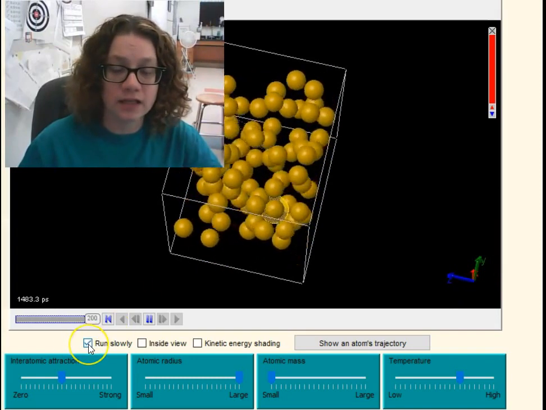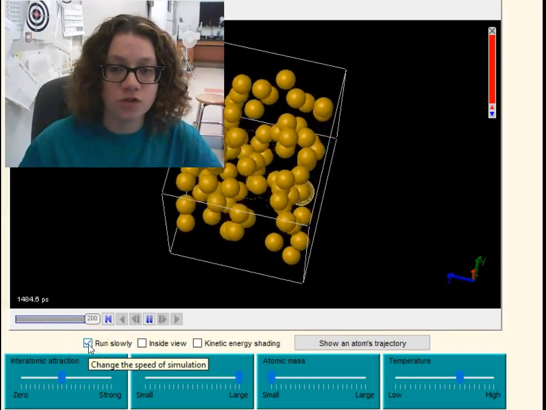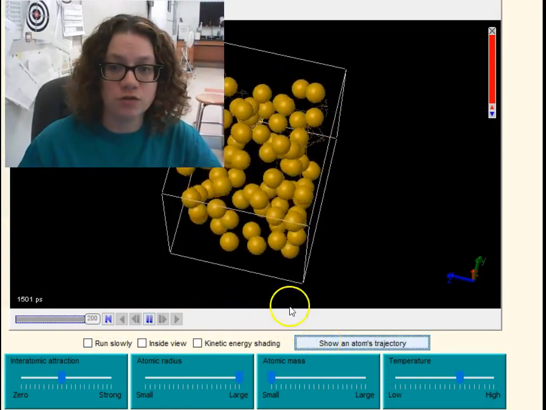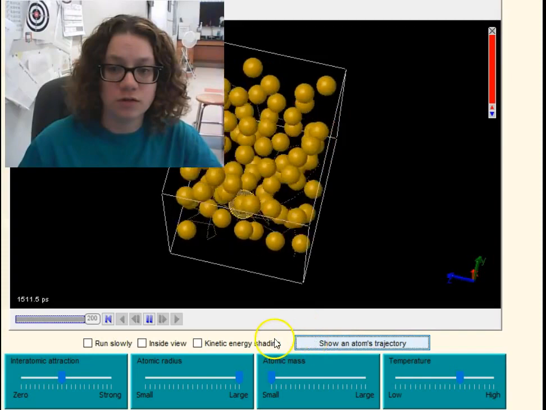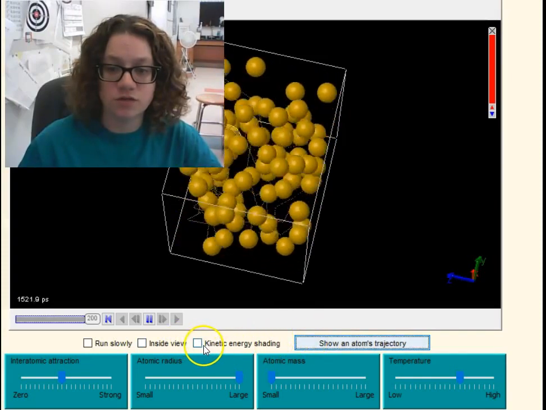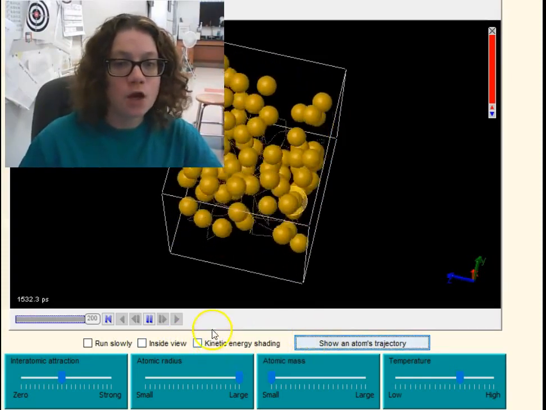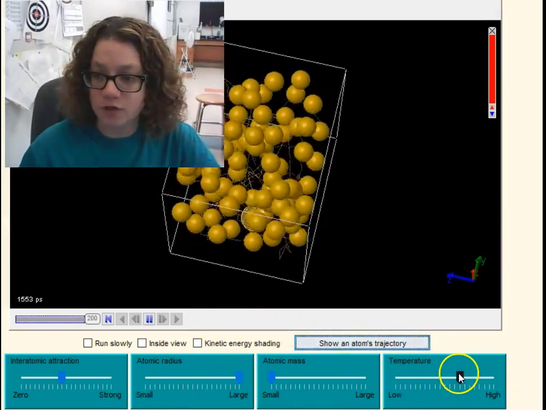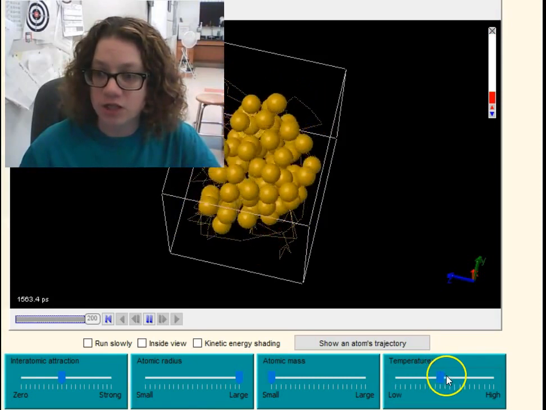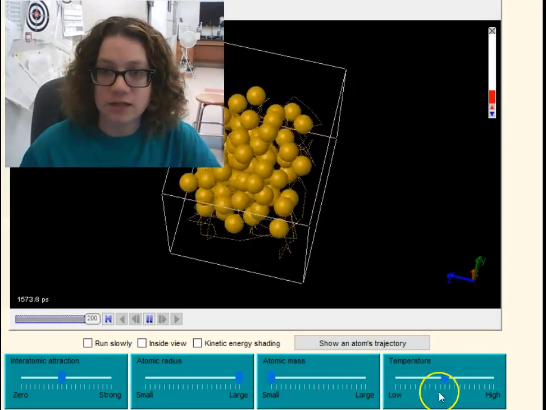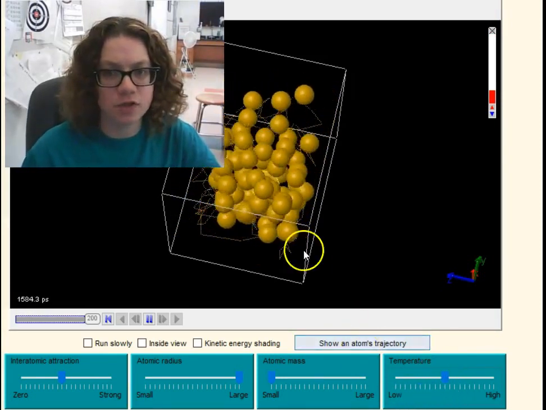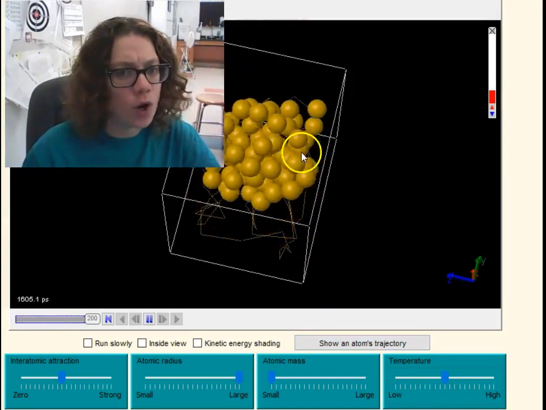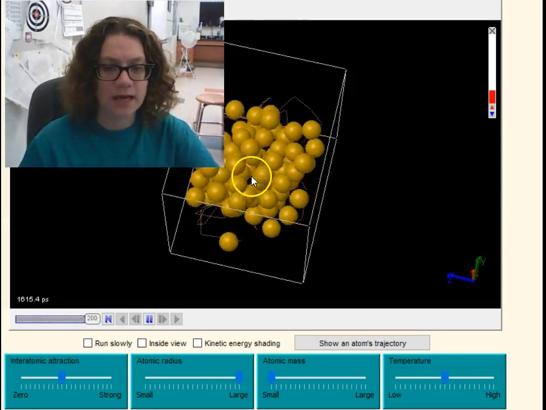I'm going to go ahead and click off of the slow-mo, and I'm going to undo the trajectory. Oh, I can't undo the trajectory. All right. I wonder what would happen if we changed something other than temperature. So I'm going to change my temperature back down to medium temperature. So here we have a liquid and some particles escaping into a gas.